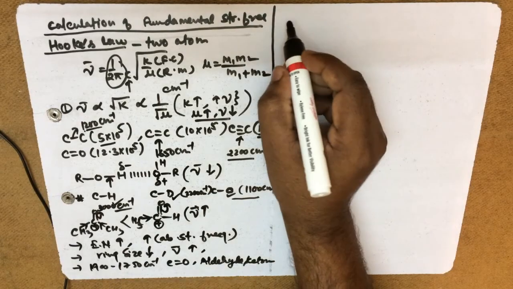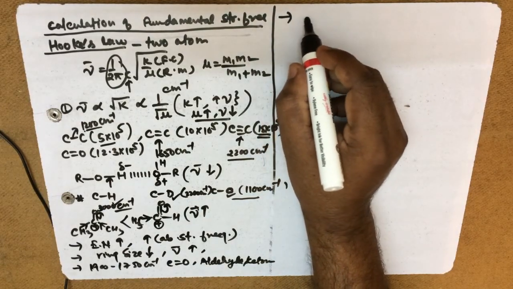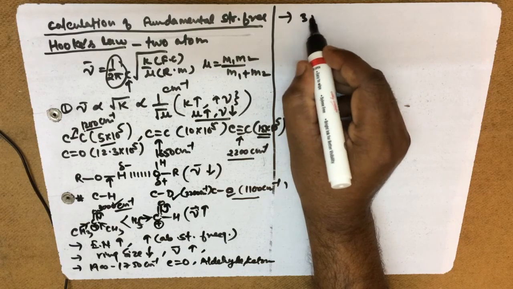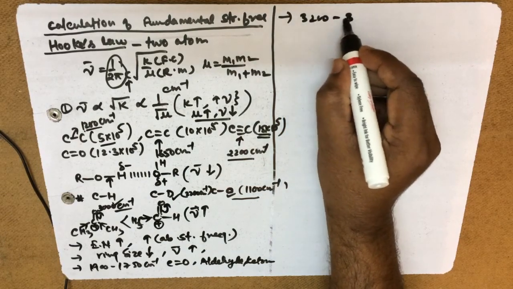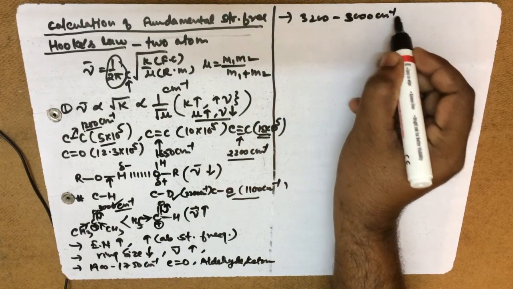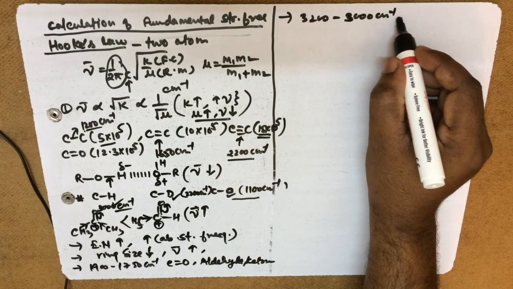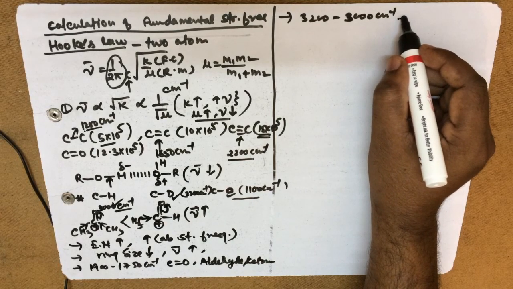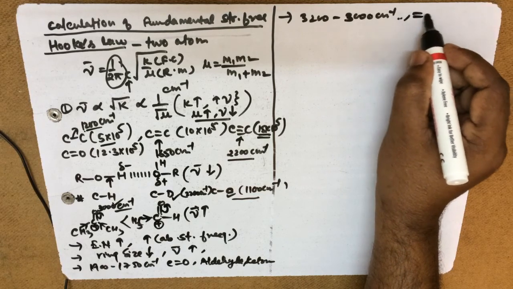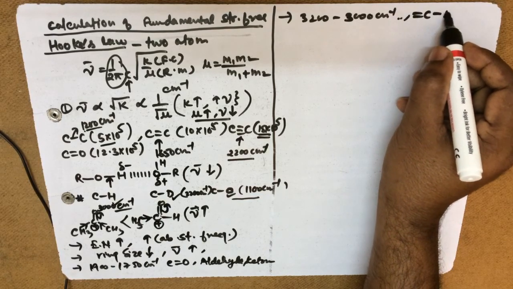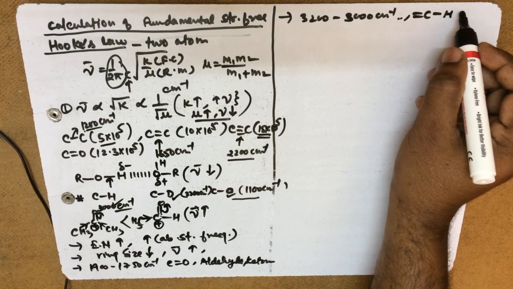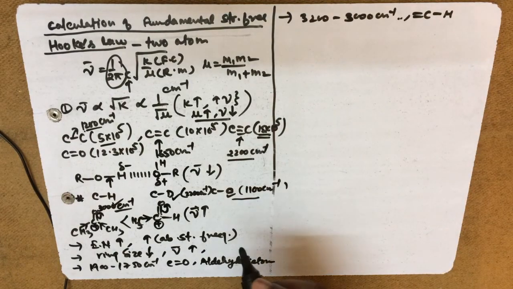And for the range 2200 to 3000 centimeters, in this range lie C-H, like aromatic, okay.